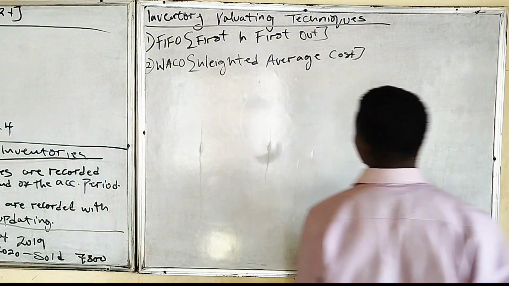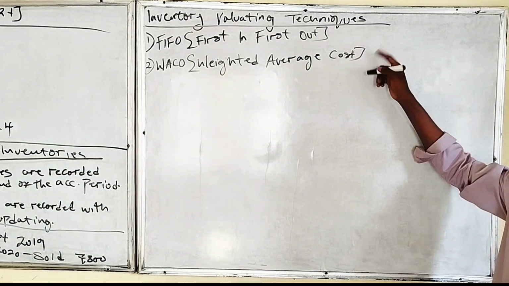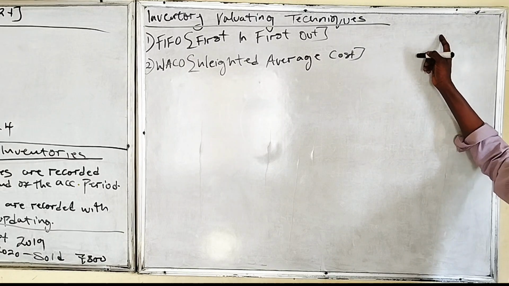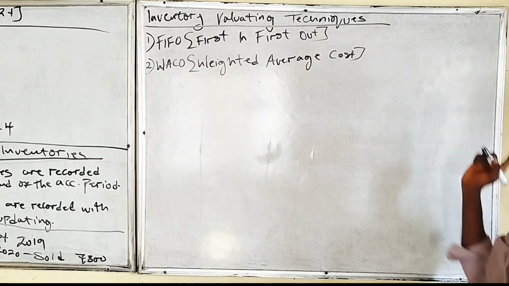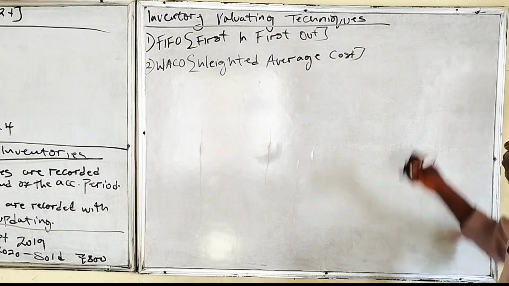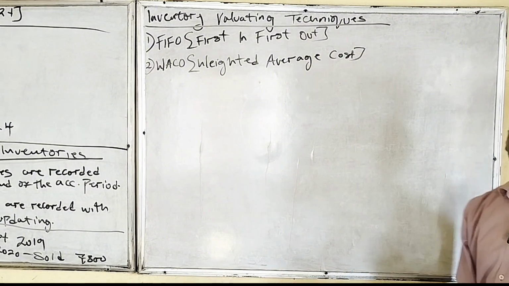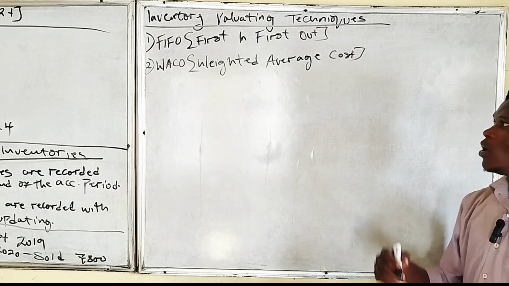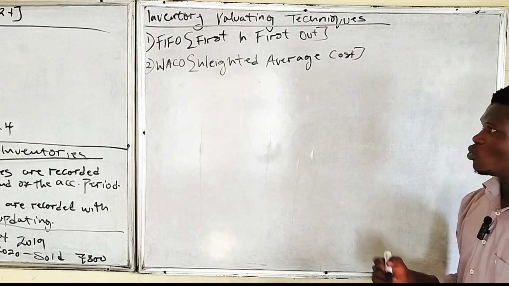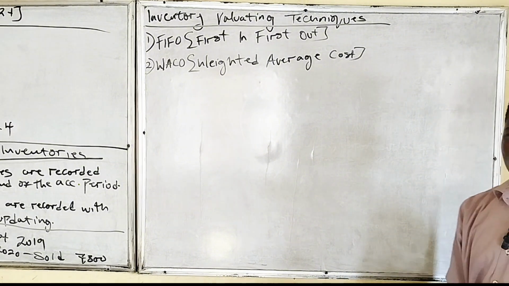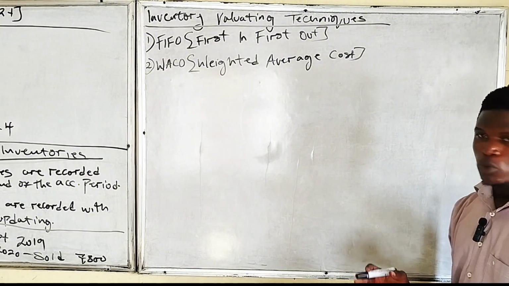So we can value our inventory using either of these two techniques. We can either use the first in first out technique or the weighted average cost technique. Under the first in first out technique, inventories are issued out according to their order of purchases or their order of production.